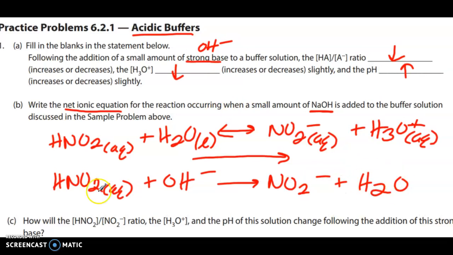So we have our weak acid reacting with our hydroxide to produce more of our conjugate base ion. In this case, this is nitrite, and our water.